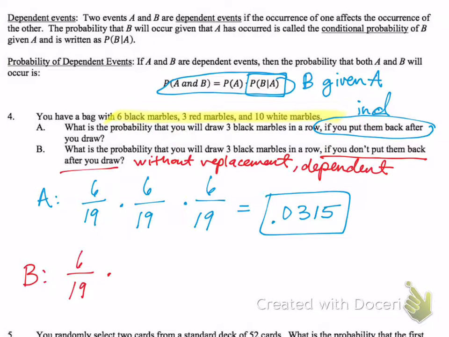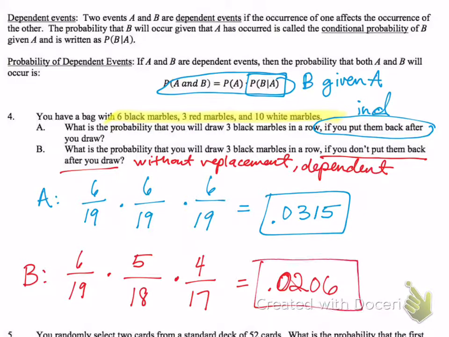Then I have drawn one black marble, so my numerator changes to what? 5, and my denominator changes to 18. Then I've drawn another black marble, so my numerator changes to 4, and then 17. Good. When you put that in, you get 0.0206. So my probability definitely lessens whenever you don't replace it, because you have less options to choose from.